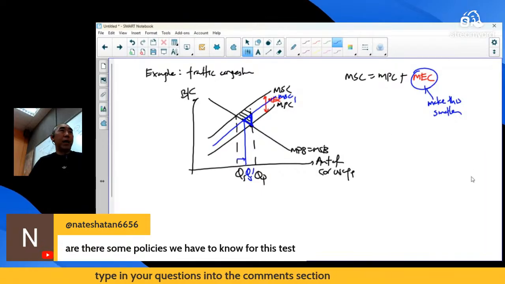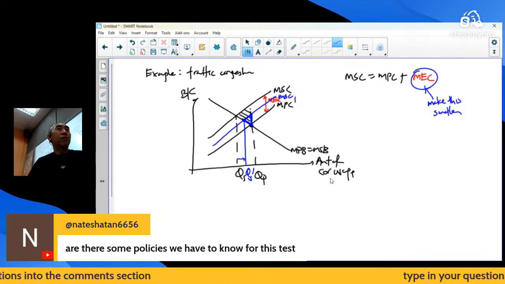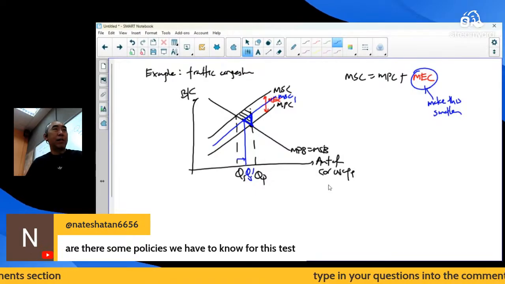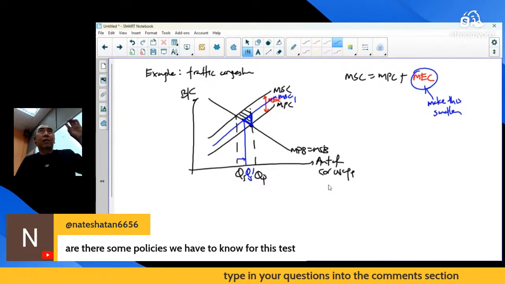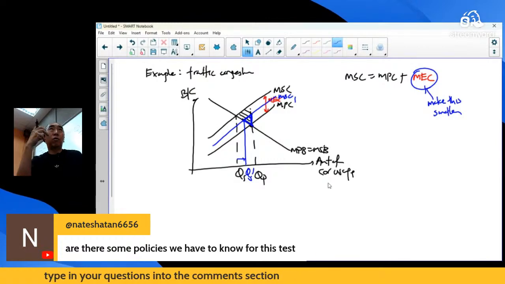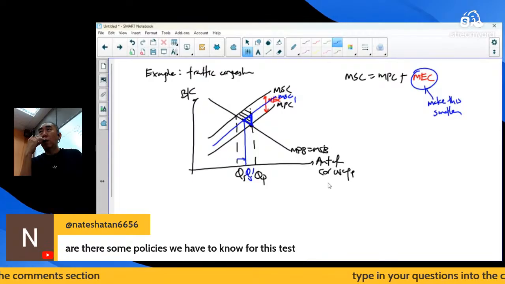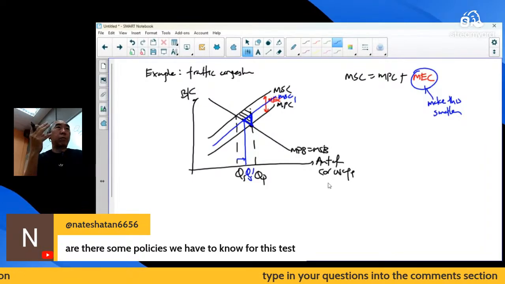So this would be an example of how the government of a country can reduce negative externality by targeting the external cost. Other than this example of traffic congestion, you can also consider things like airports.